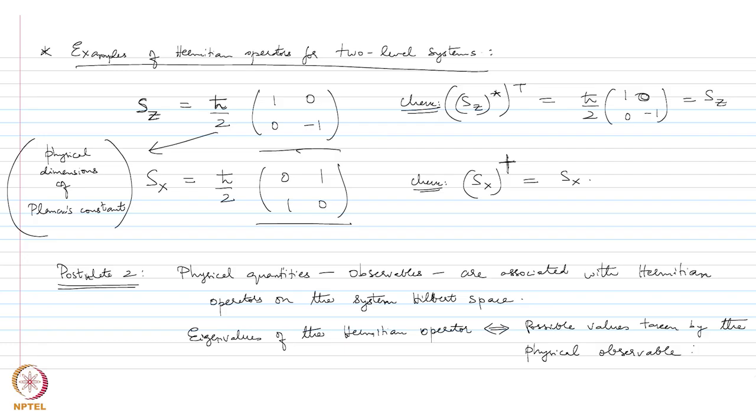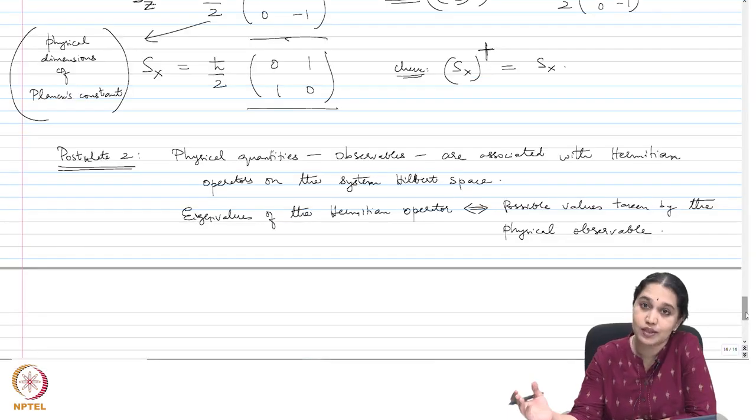Again, let us contrast with the classical scenario. We said system is described by some set of position and momentum values. Any function of position and momentum is a valid physical quantity or observable for the system. But in this case, physical quantities must be associated with specific kind of operators, namely Hermitian operators. The set of possible values that this physical quantity can take are simply the eigenvalues of the Hermitian operator.